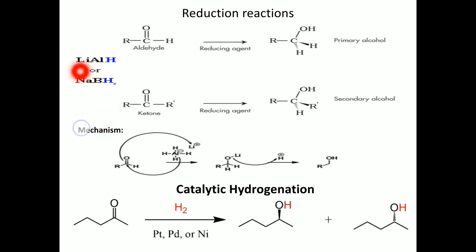This ketone is reduced or hydrogenated in the presence of platinum, palladium, nickel. By using these two hydrogens, one hydrogen attacks the oxygen, another hydrogen attacks the carbonyl carbon. So by using platinum, palladium, nickel, we can reduce aldehydes or ketones this way also. This is called catalytic hydrogenation.